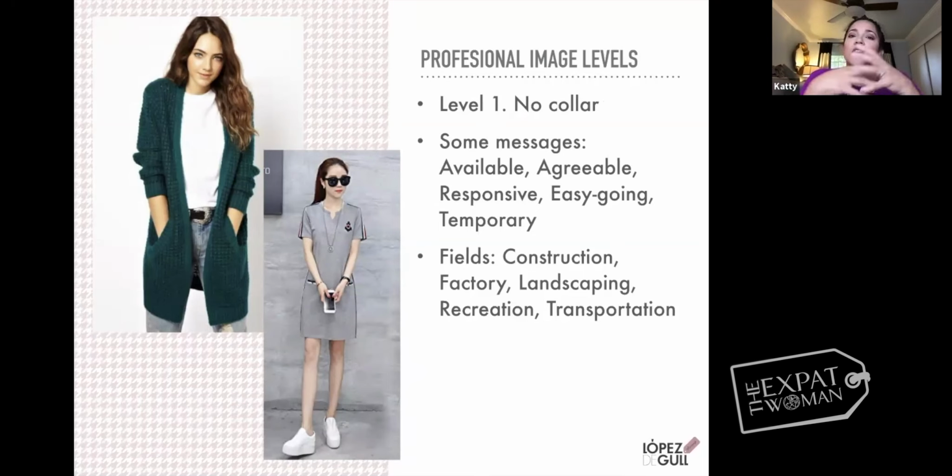So they are not messages for if you want to look like a leader or project more authority. This level of professional dress is appropriate for construction, factory, landscaping, so you can see it is for very manual labor jobs or businesses.